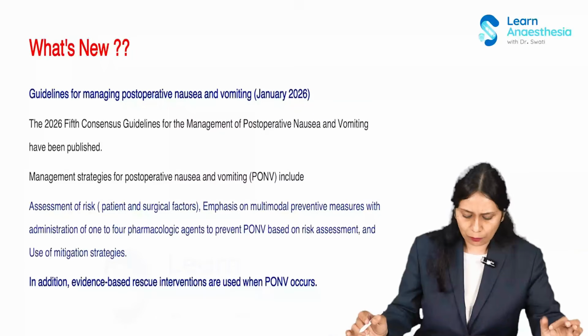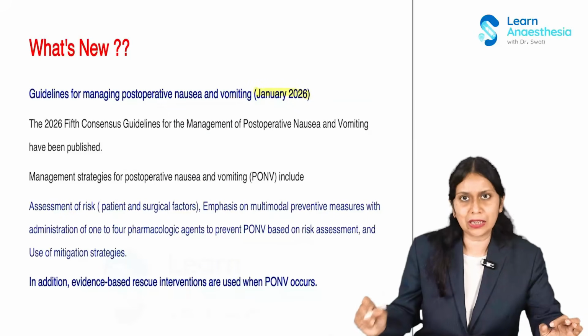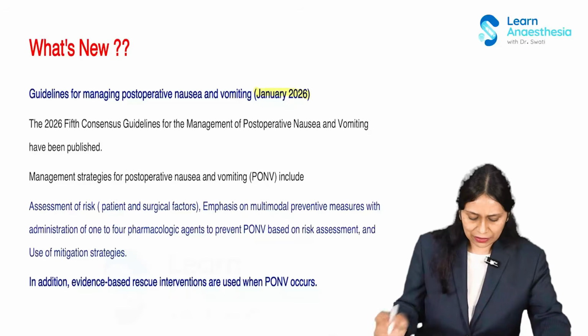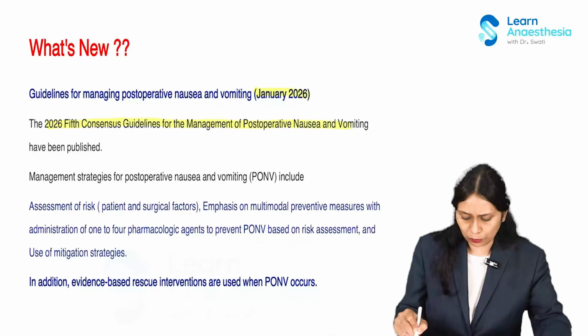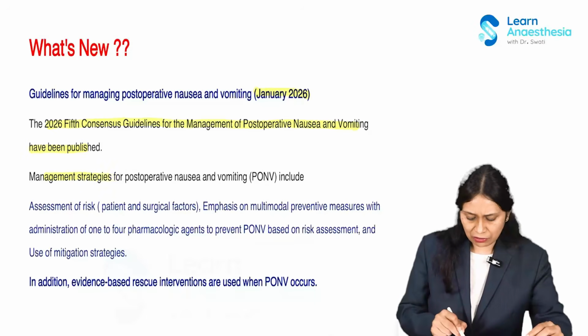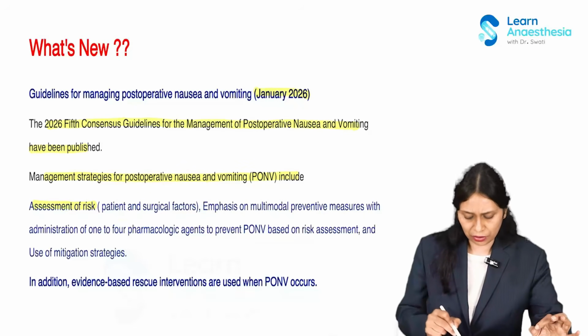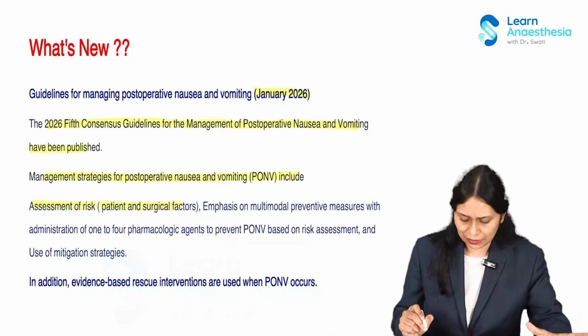Now, guidelines for managing post-operative nausea vomiting, this is the 2026 consensus guideline. This says that the fifth consensus guideline for management of post-operative nausea vomiting has been published, and this says that the management strategies for PONV include assessment of the risk factors, both the patient and the surgical risk factors, and every patient should be assessed.